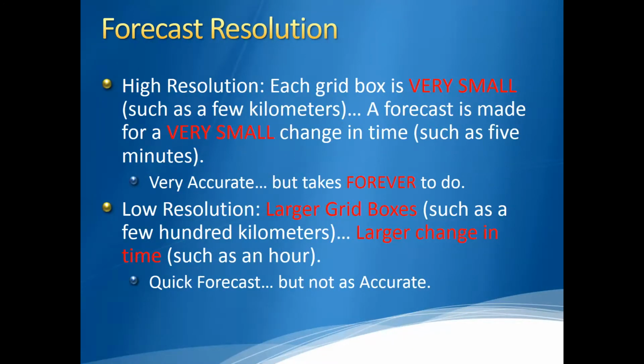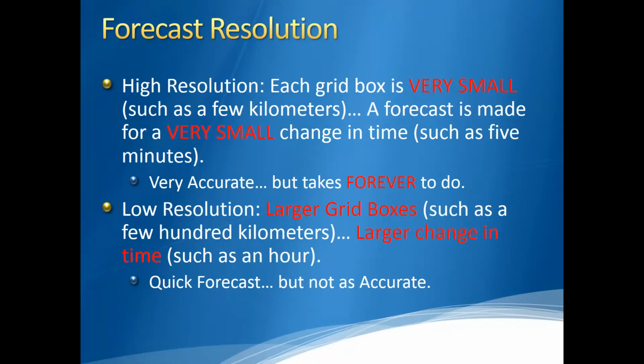High resolution forecasts use very small grid boxes and very small changes in time. So again, in this case, you're forecasting the weather conditions for a tiny area, and you're forecasting them over a tiny period of time. As a result, they're extremely accurate.